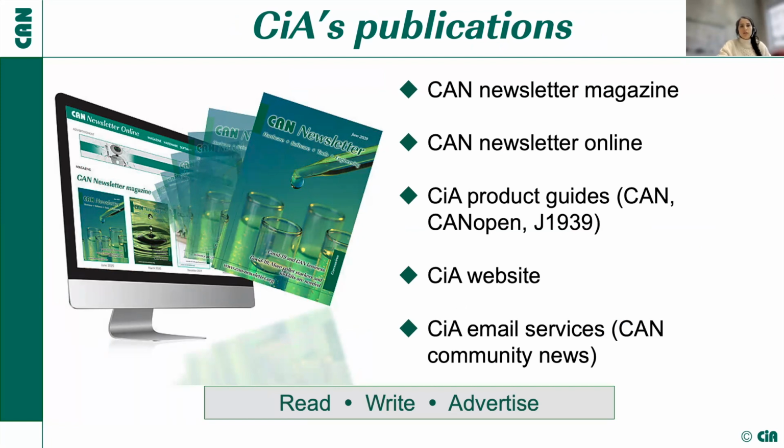And what are CiA publications? We publish the CAN Newsletter magazine every 3 months, and the printed version will be distributed at our exhibitions. For example, in the near future we have the SPS exhibition in Nuremberg in November, where they will be distributed as printed copies. You can also download the PDF version on our website.